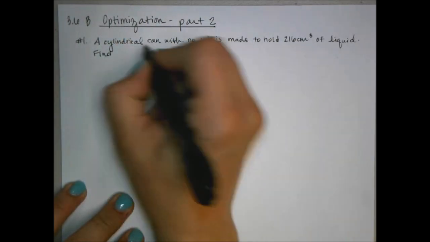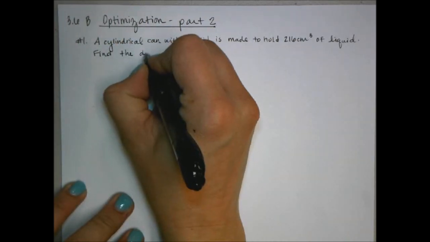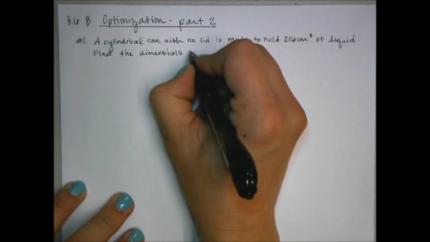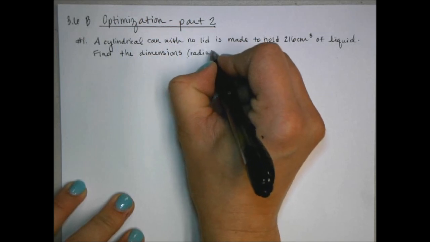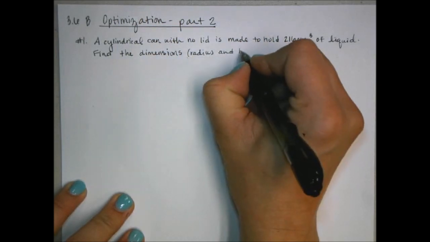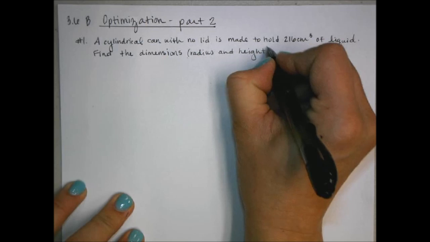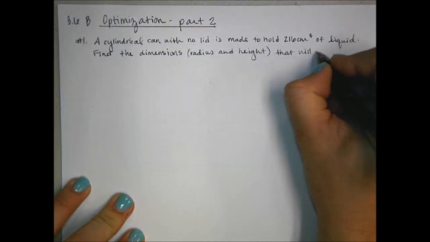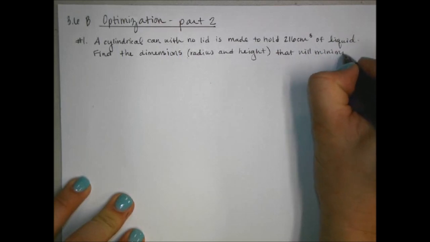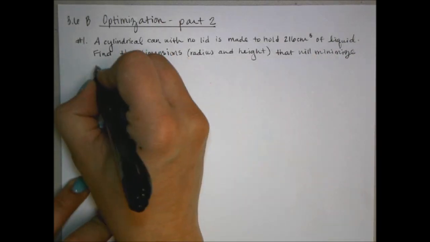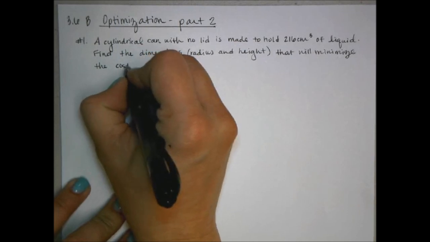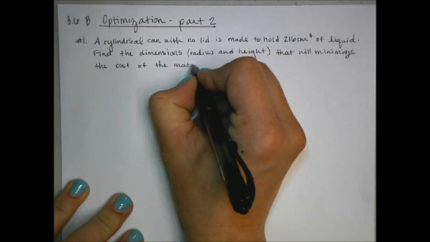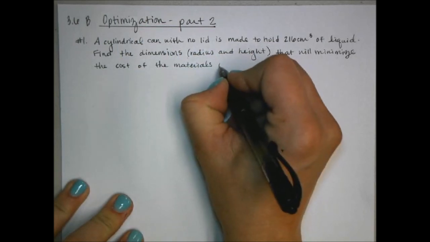We're being asked to find the dimensions, meaning the radius and height of the cylinder, that will minimize the cost of the materials that are used to make the can.